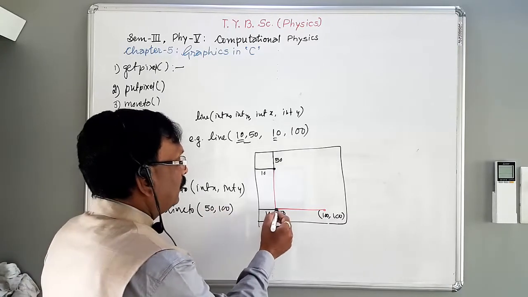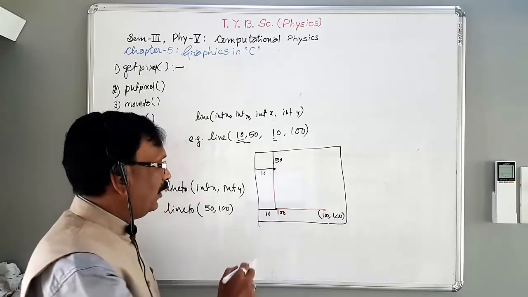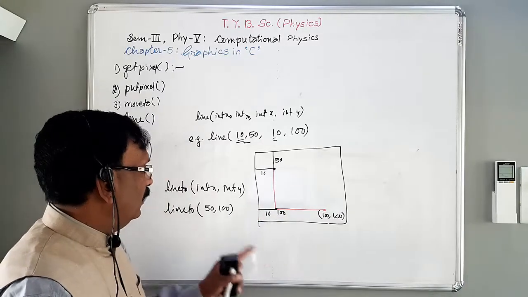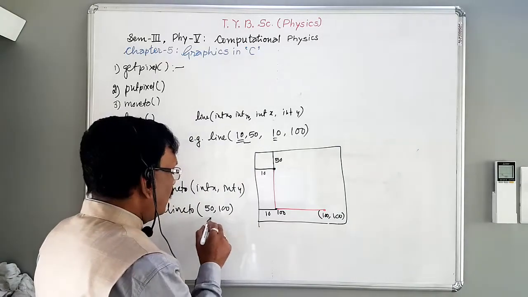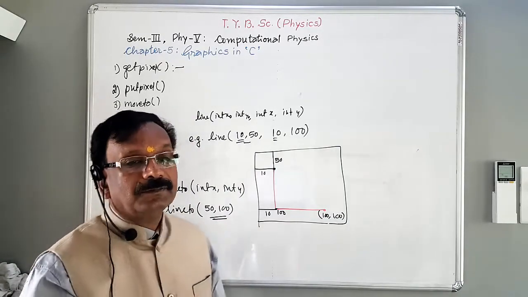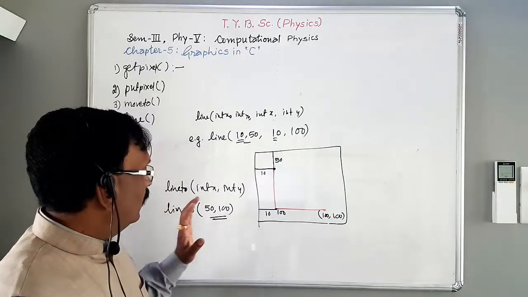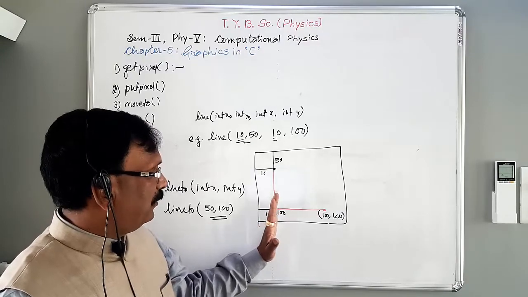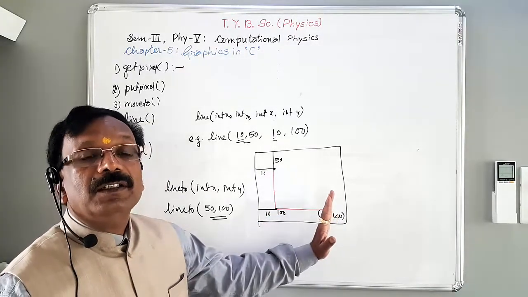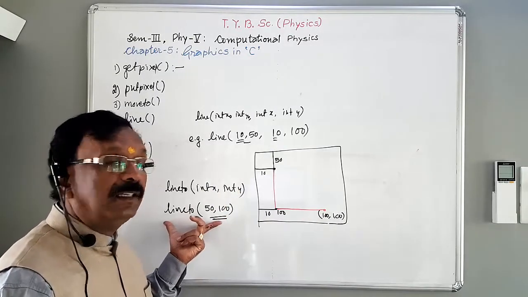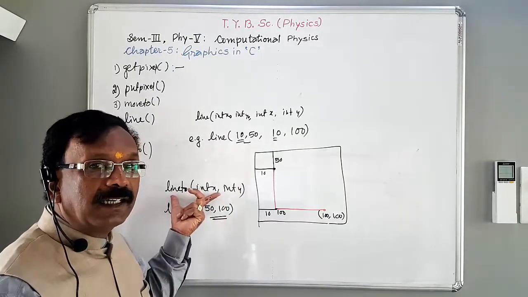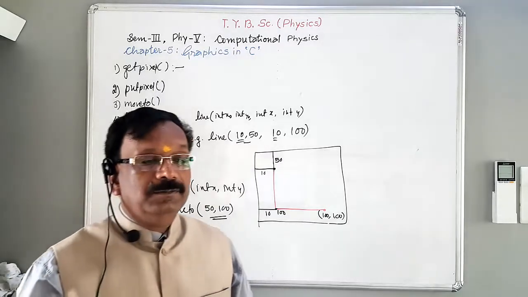Suppose the point is here, the initial point, and when we draw the new line, obviously the final coordinate of the line is this. Okay. In this way we can draw the line from the current position to the new position specified by the x and y coordinate by using this command, and this is the general syntax for this command.